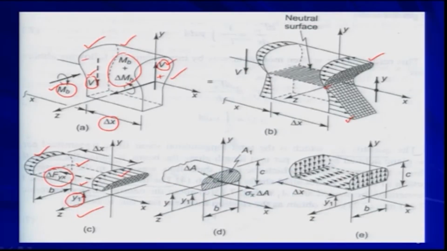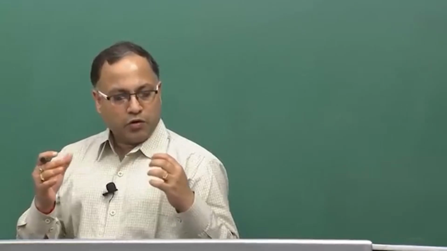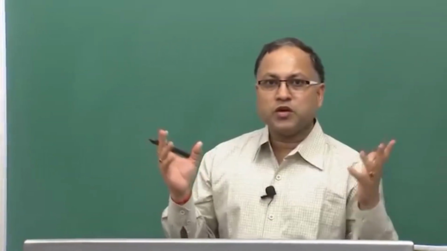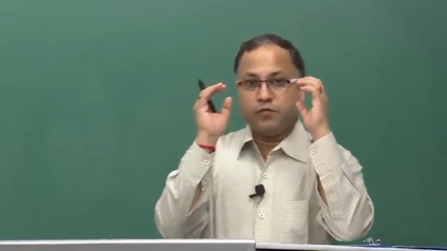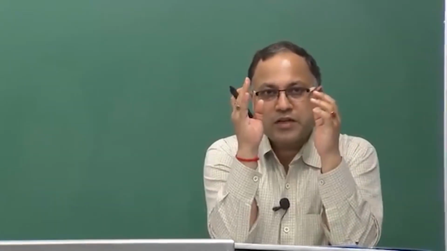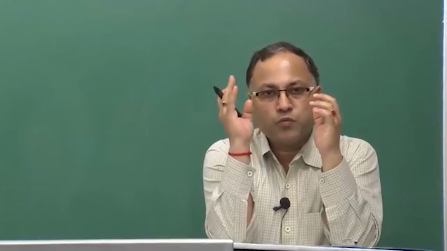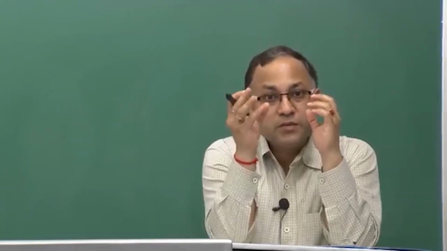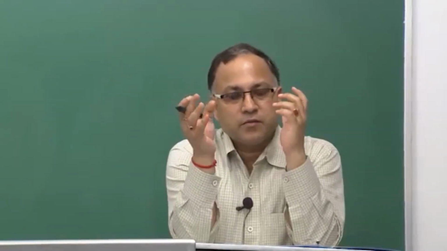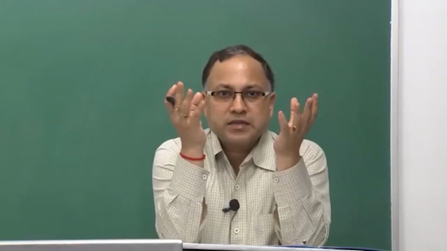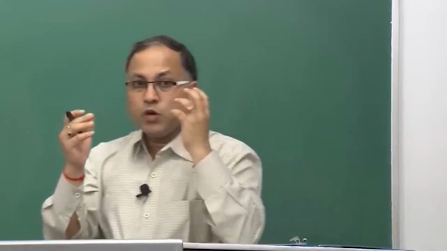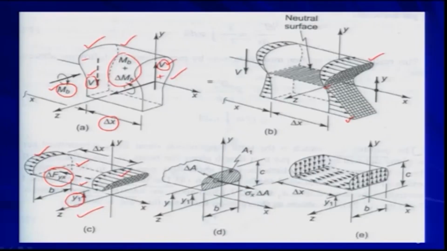On the x plane you are having the axial force. Now, you are getting the variation in the axial force because your bending moment is varying. Am I right? If your bending moment is varying, as you know from our previous discussion, your sigma x will be varying. If sigma x is varying, then who will try to balance this variation? The variation will be balanced by the force which will be getting developed on this y plane.